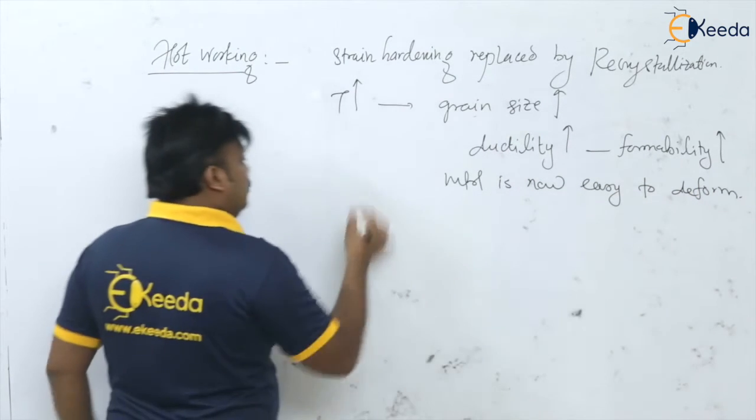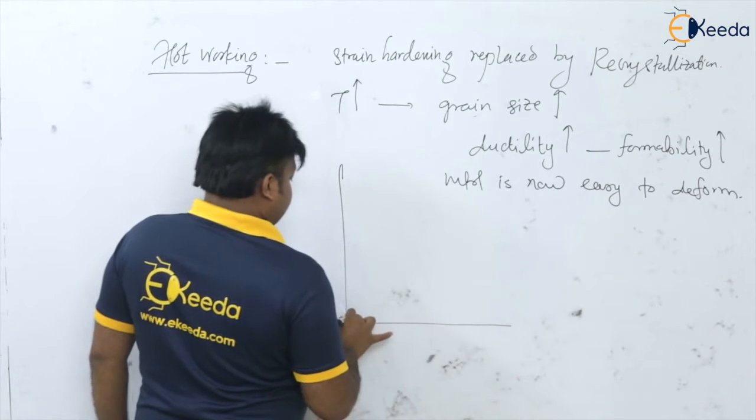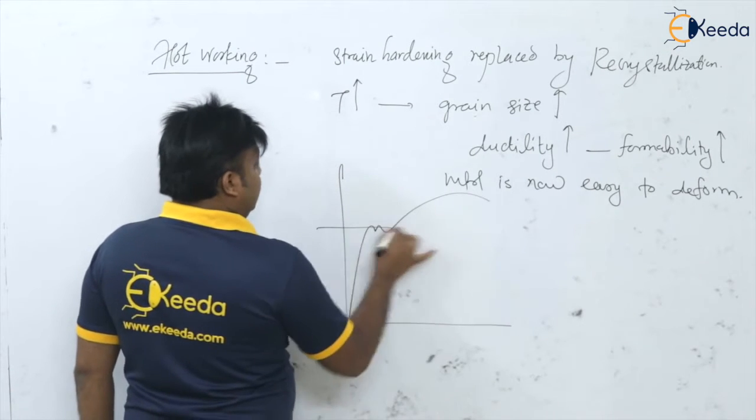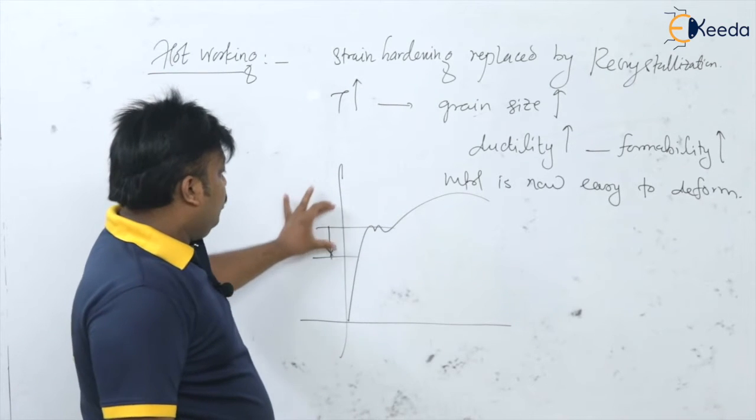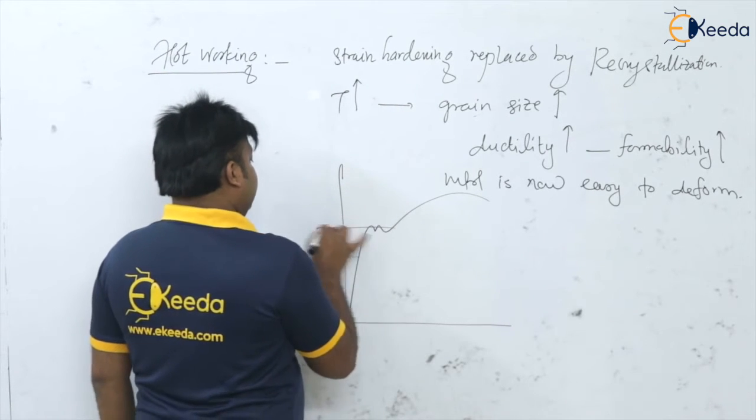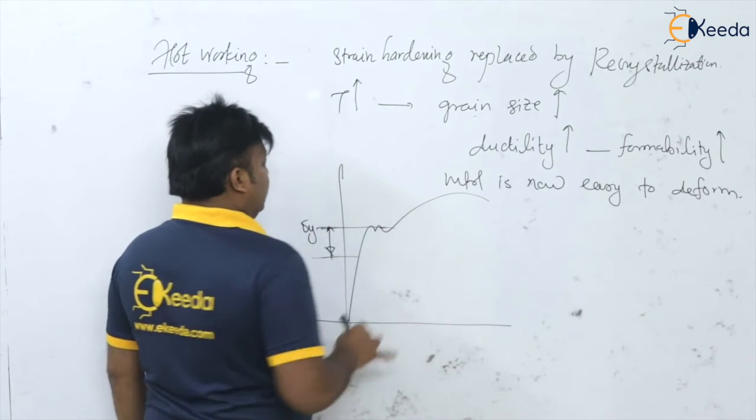Okay, if the material is easy to deform, that is what is in the stress strain curve, the yield strength becomes down, isn't it? The stress was initially sigma y for yielding the material.